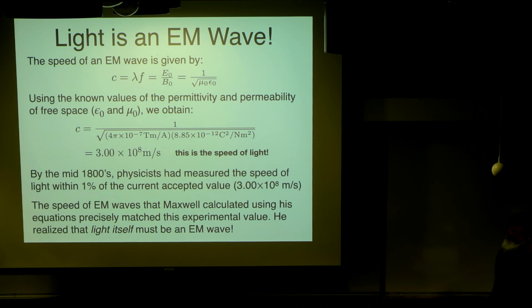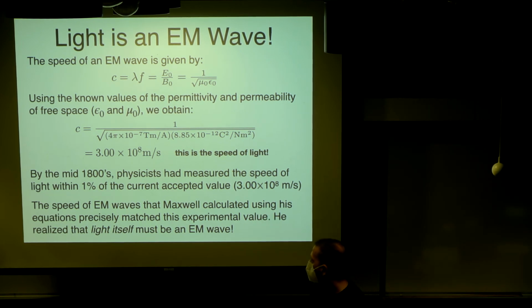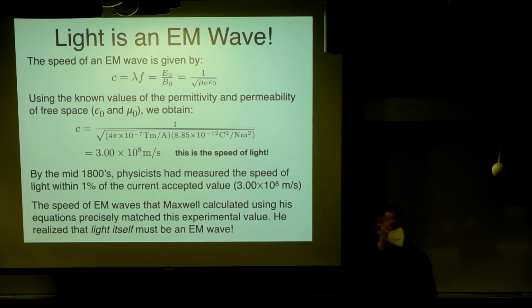But in Maxwell's time, the mid-1800s, the speed of light had already been measured with pretty good precision. The experiments involved bouncing light off mirrors really far away and measuring the return time, things like that. And there were some pretty sophisticated experiments that could get that within 1% of the known value today.